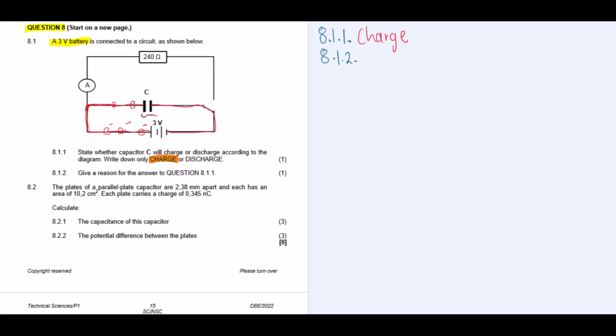8.1.2, and then give a reason for your answer. Why do you think the capacitor will charge? It will charge because the capacitor is connected to a battery.